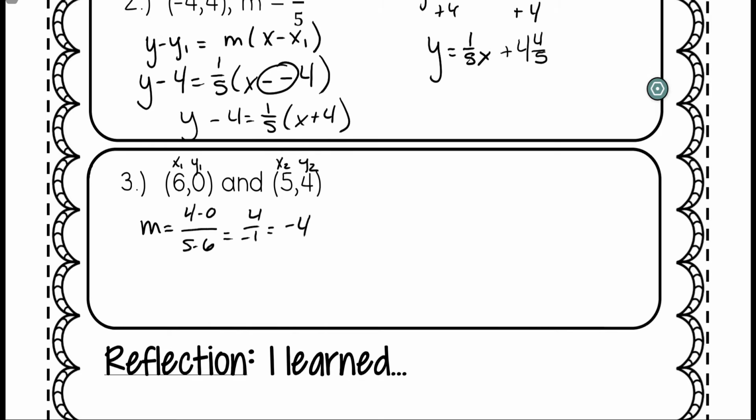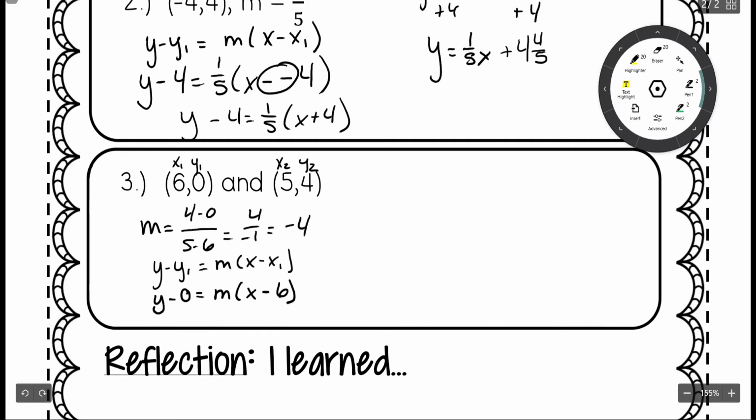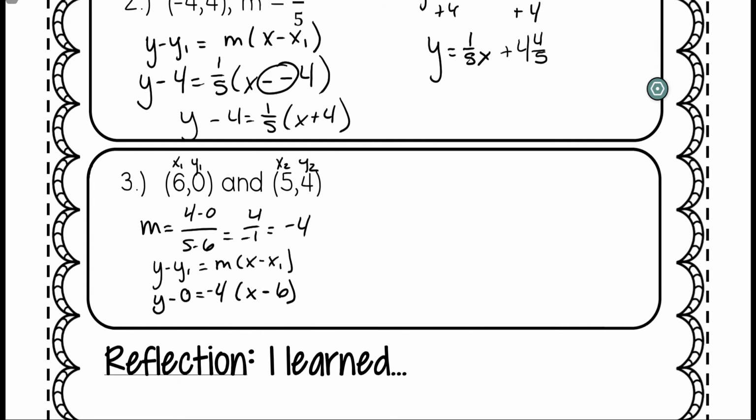Okay, then take an ordered pair. y minus y1 is equal to m parentheses x minus x1. y minus 0 is equal to m parentheses x minus 6. Oh, and I just realized m needs to change to our slope, which is negative 4. Or if you did the other point, y minus 4 is equal to negative 4 parentheses x minus 5. Again, either answer would be correct.